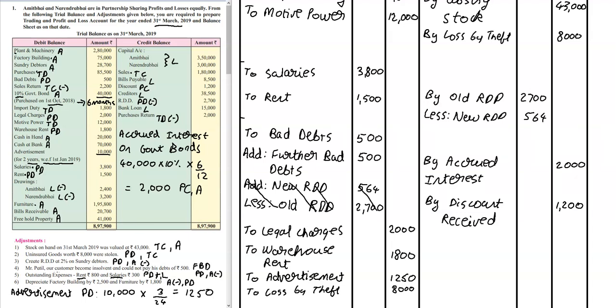Now, Mr. Patil, our customer, became insolvent. We have already dealt with the further bad debts. Outstanding expenses: rent 800, salaries 300.